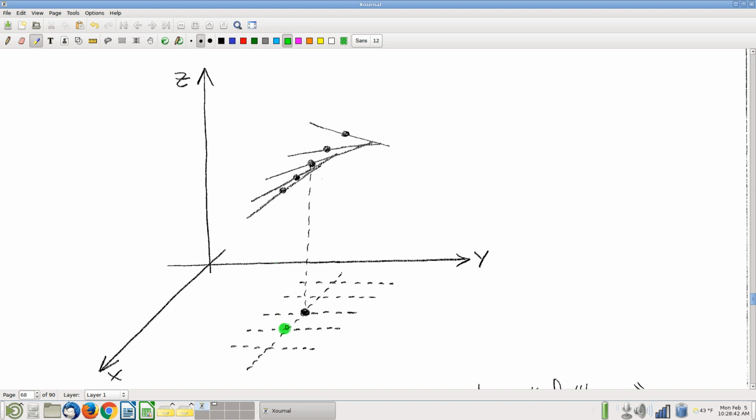Like maybe here, at that point, going in the y direction, maybe that's what the cross-section would look like. And so you get various different cross-sections with different slopes as you move in the y direction, but from different points. Okay, so that's just some examples of some y partial derivatives.